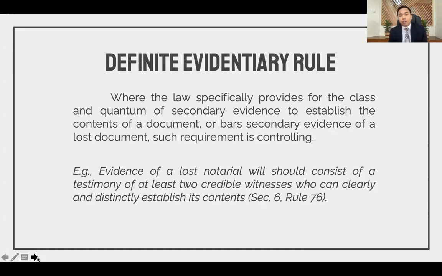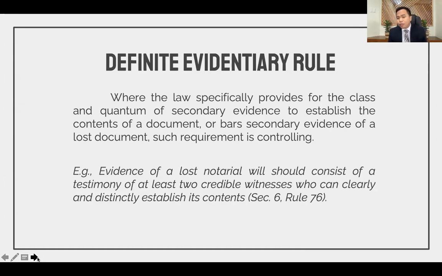Let us go to definite evidentiary rule. Where the law specifically provides for the class and quantum of secondary evidence to establish the contents of a document or bar secondary evidence of a lost document, such requirement is controlling. For example, the evidence of a lost notarial will should consist of the testimony of at least two credible witnesses who can clearly and distinctly establish its contents.